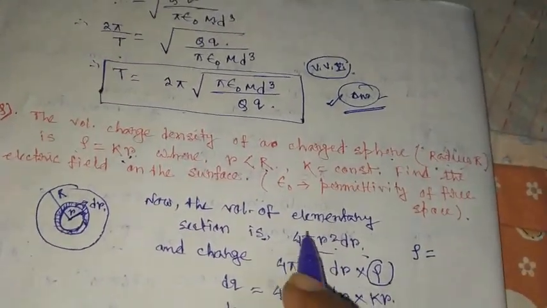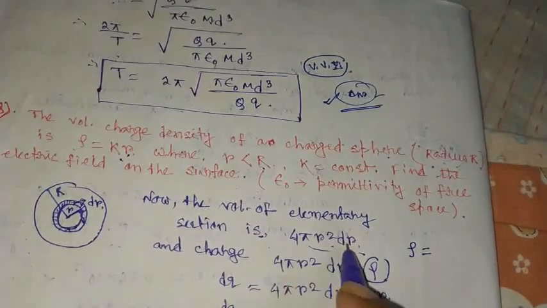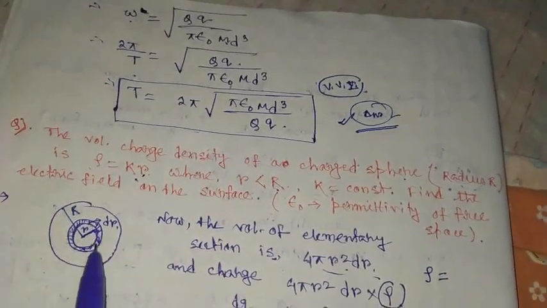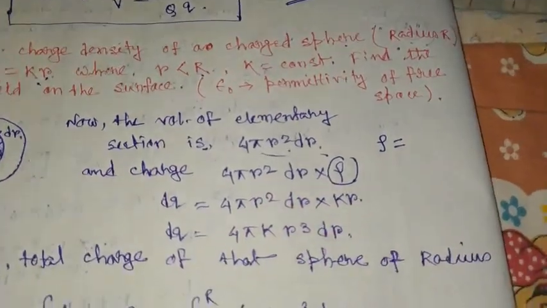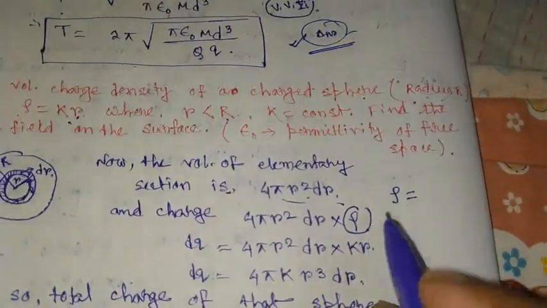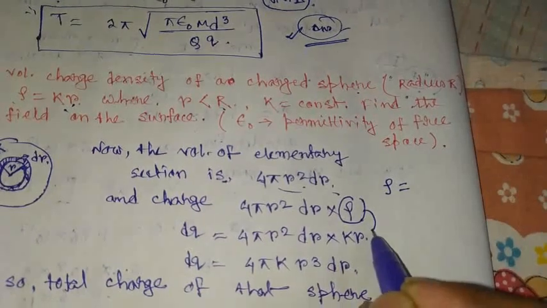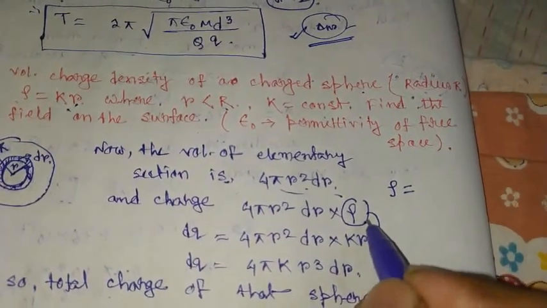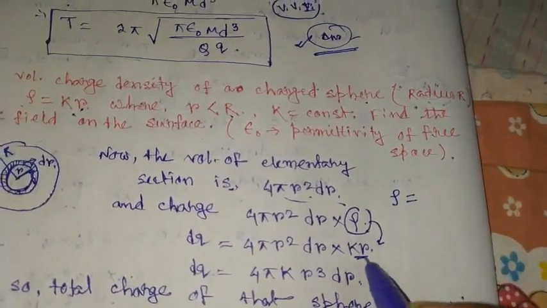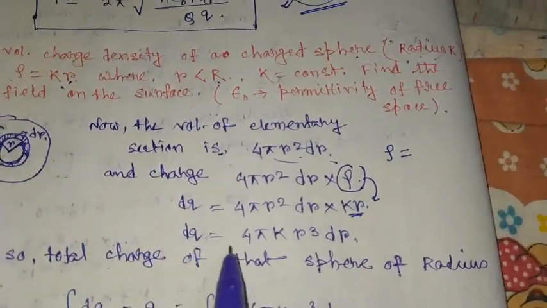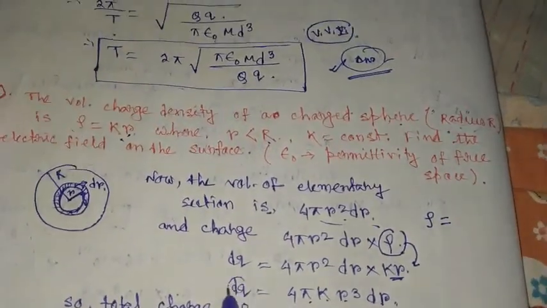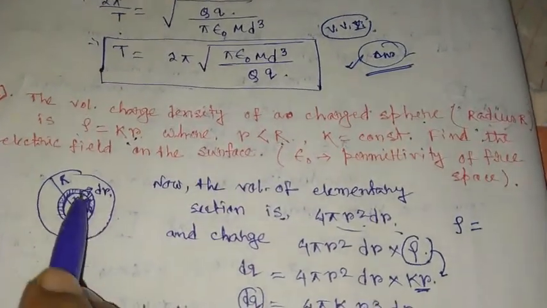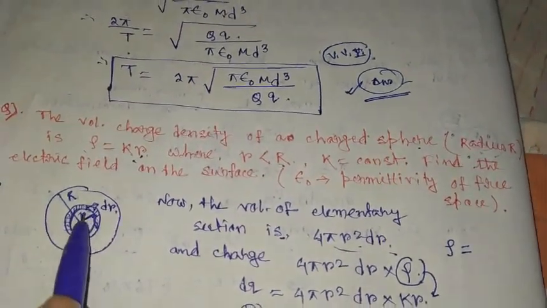We know rho equals kr, so we put the value of rho as kr, and dq can be written as 4 pi k r cube dr. This dq is the elementary charge on this elementary section dr.